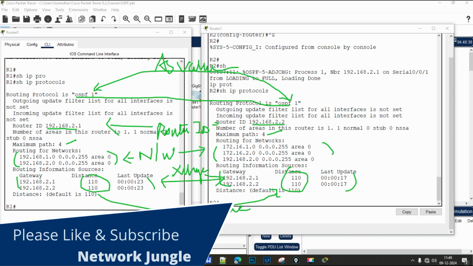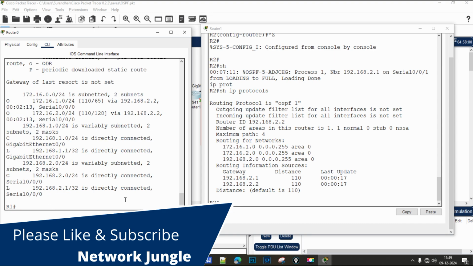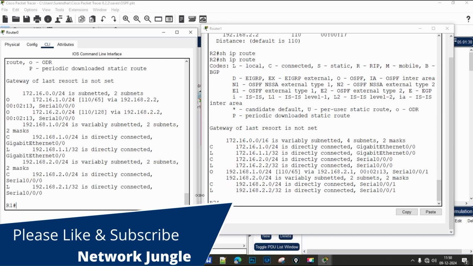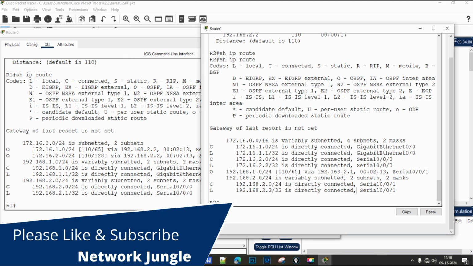Now we see the routing table. Show ip route. You can see here 172.16.1.0, then 2.0, learned from the OSPF protocol.